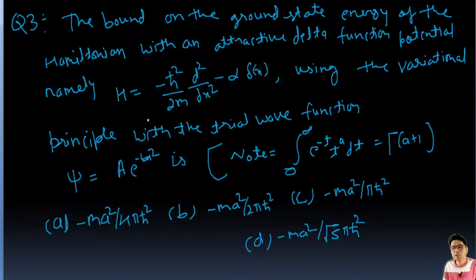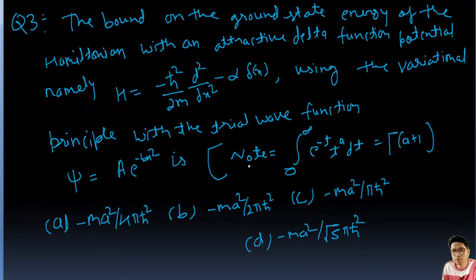So the question is the bound on the ground state energy of the Hamiltonian with attractive delta potential, namely H equal to minus h cut square upon 2m d square upon dx square minus alpha delta x, using the variational principle with the trial wave function which is given.